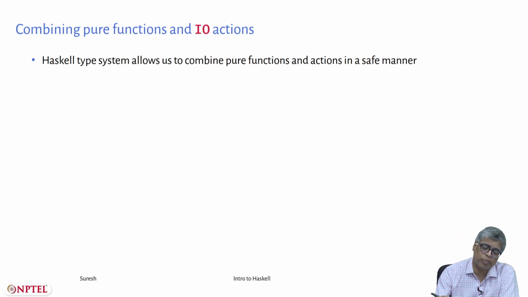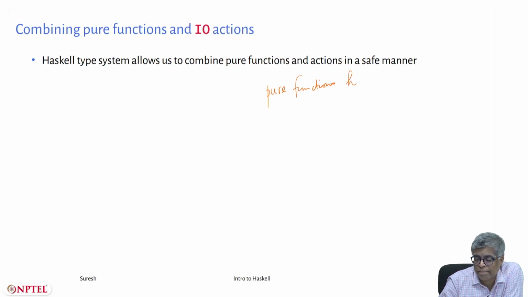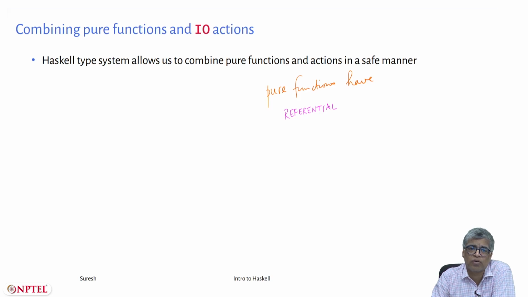This particular feature that I mentioned just now is called referential transparency. That's a big name, but what it means is that it doesn't matter when you refer to that expression, it will always have the same value.